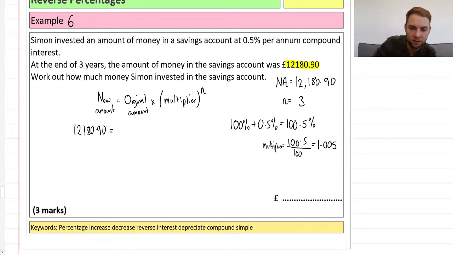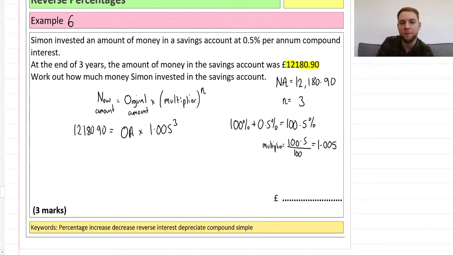Let's call it OA, times by my multiplier, which in this case is 1.005 to the power of n, which is 3.